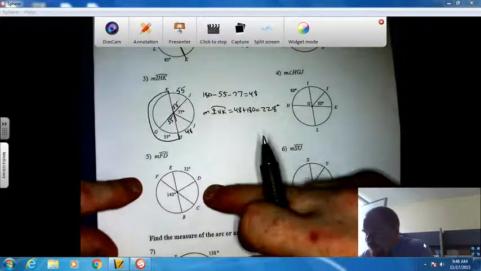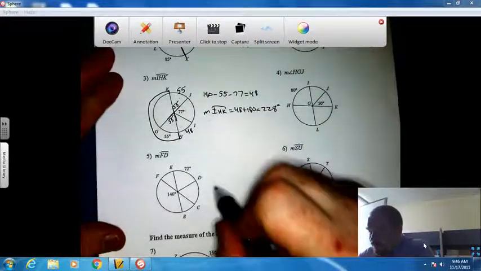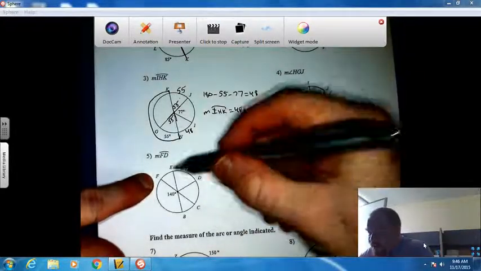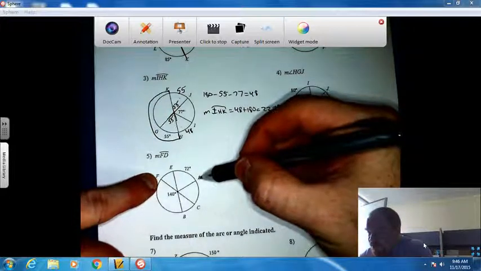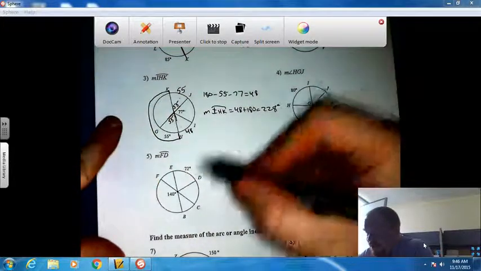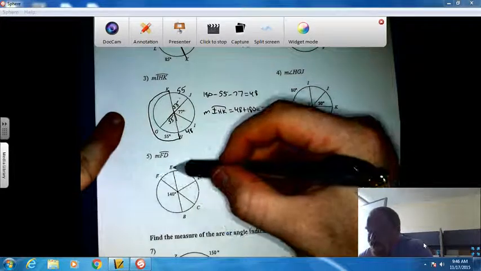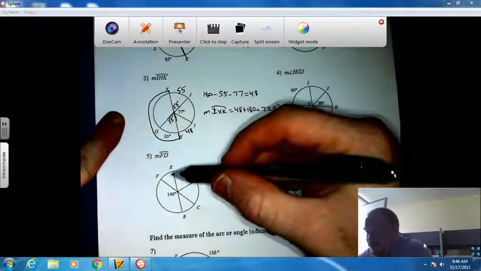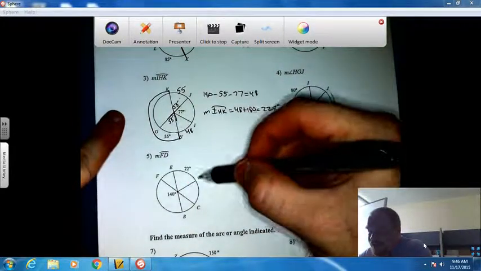In number 5, okay, they want the measure of arc FD. Well, I don't know what the measure of arc FE is, but I know if I knew that, I could add it to 72, and I would have that.